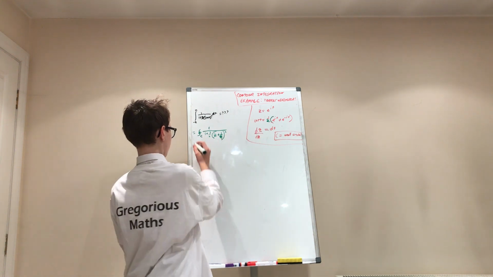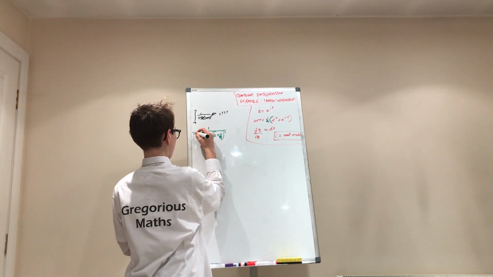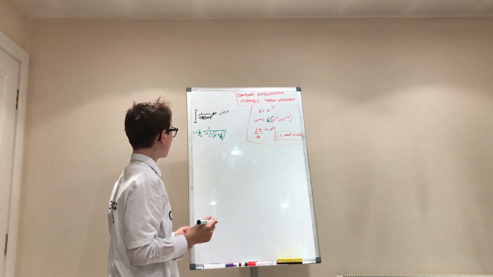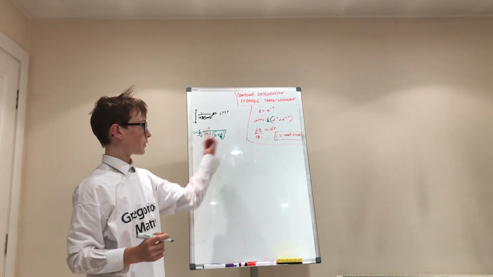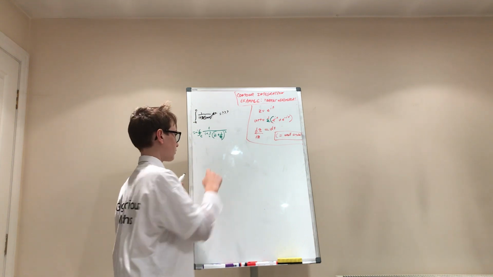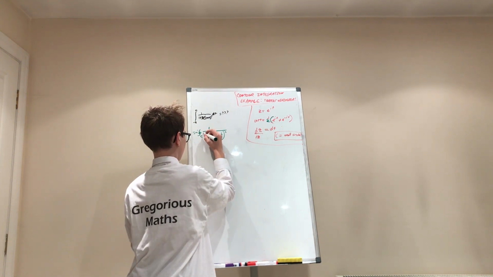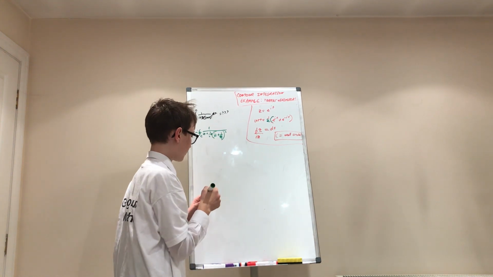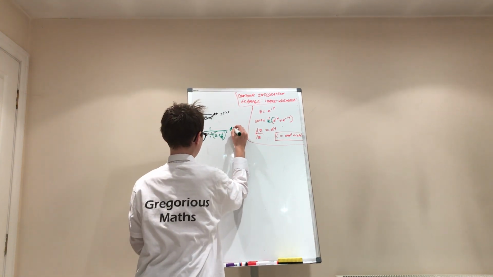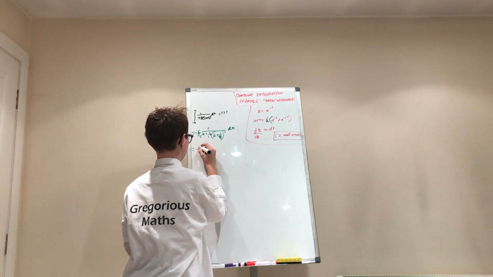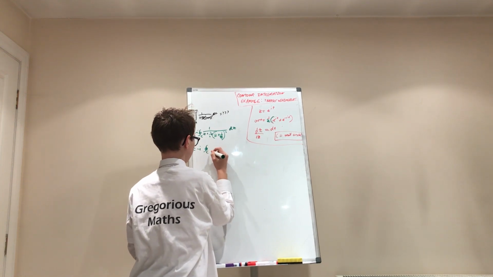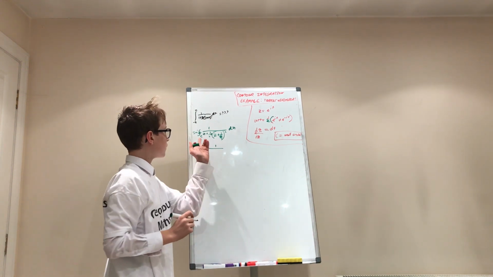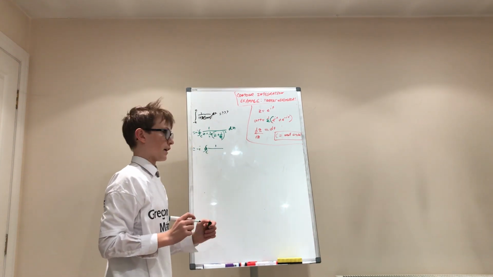Well, 1 over i we can bring to the front, which equals negative i, if you just multiply the top and bottom by i. And we can bring this 1 over z down to the bottom, so we're actually left with (z plus 3 over 4z times this) dz, which equals negative i times the contour integral of 1 over, now, let's expand this whole thing out.